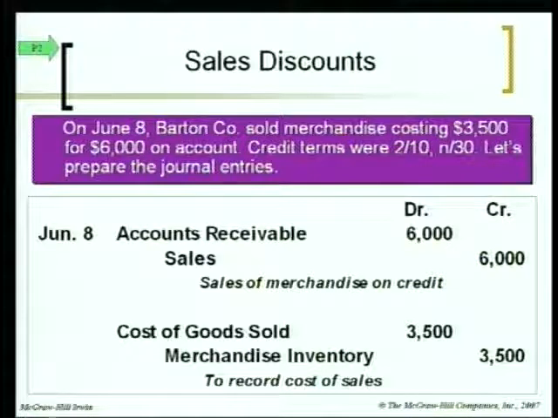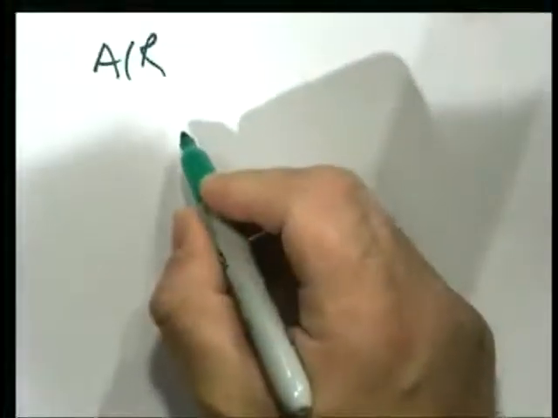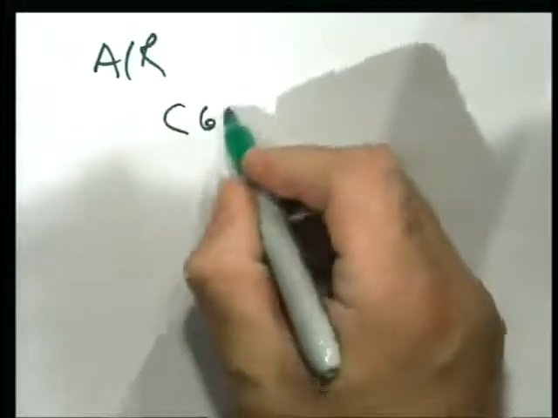Now let me tell you where students make their mistake many times. They know in this situation that there's an accounts receivable and a sales and a cost of goods sold and merchandise inventory, but they get them all mixed up. So they'll write some entry like this: accounts receivable, cost of goods sold.